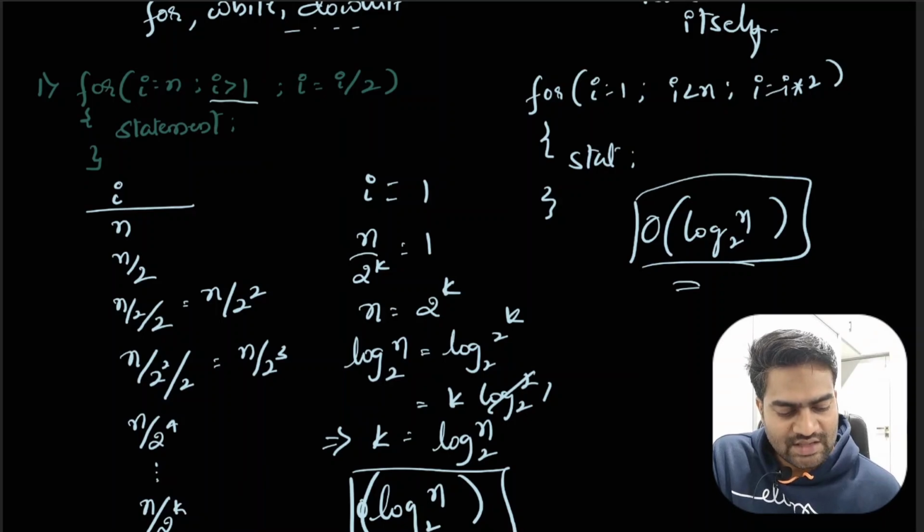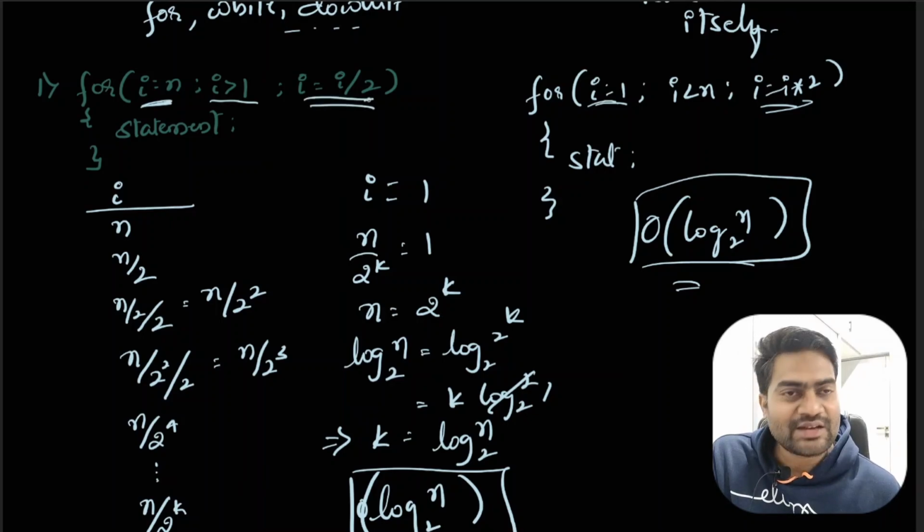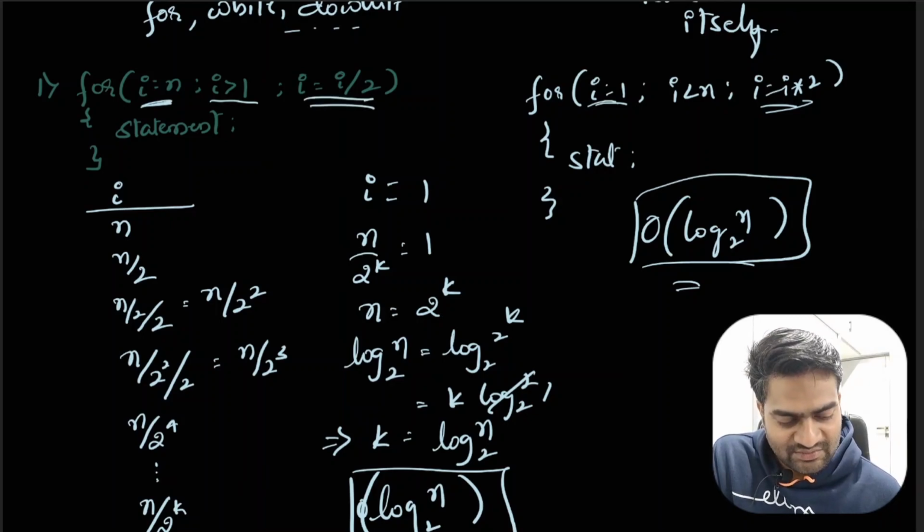So this is pretty much the same. That one starts from 1 and increments by multiplying with 2, but this one starts from n and decrements by dividing by 2. That is the difference here. Otherwise both the loops are somewhat similar.